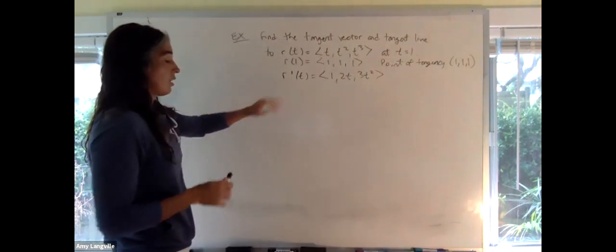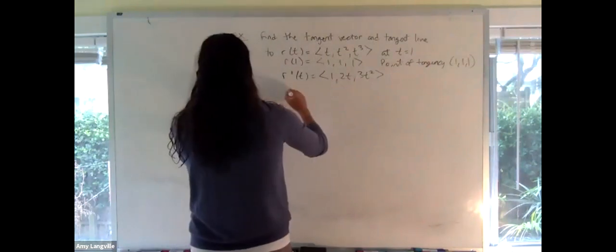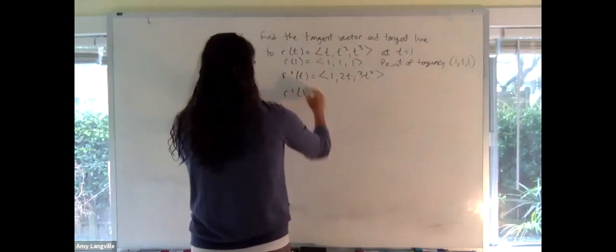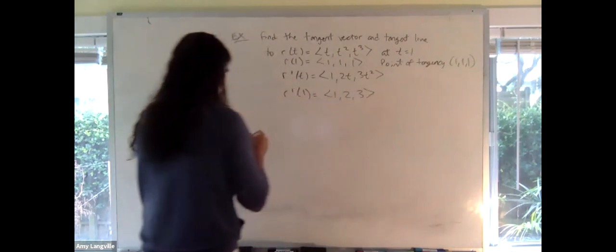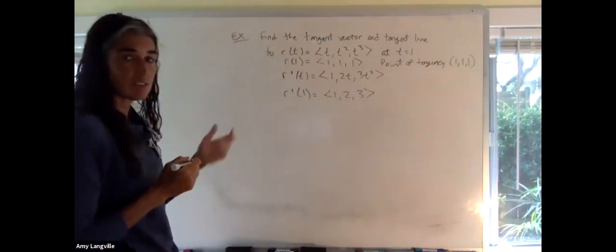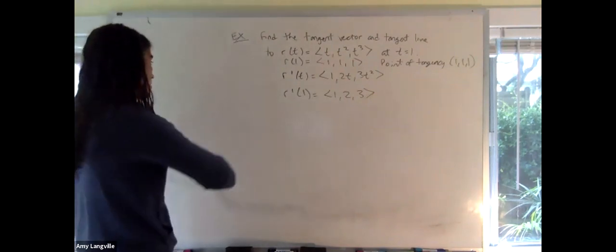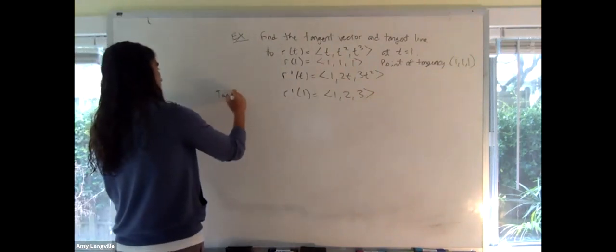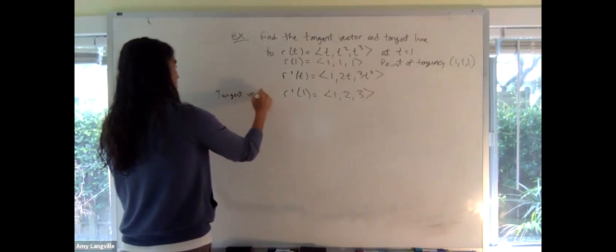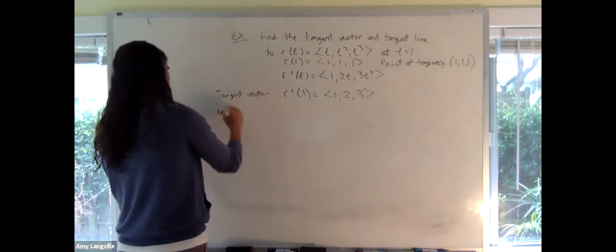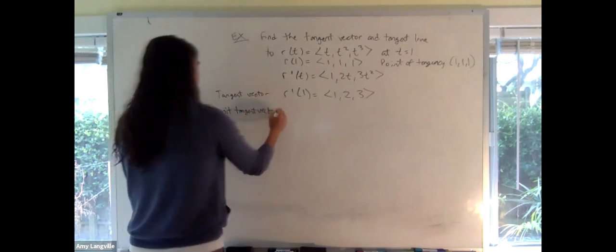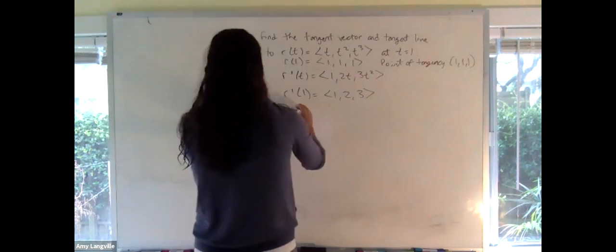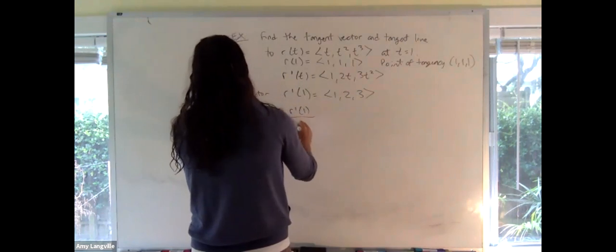Okay, and then the derivative evaluated at that point is 1, 2, 3. That's a vector, and this is our tangent vector. If we normalize it, make it have length 1, we get a unit tangent vector. That's just going to be r prime of 1 divided by its length.